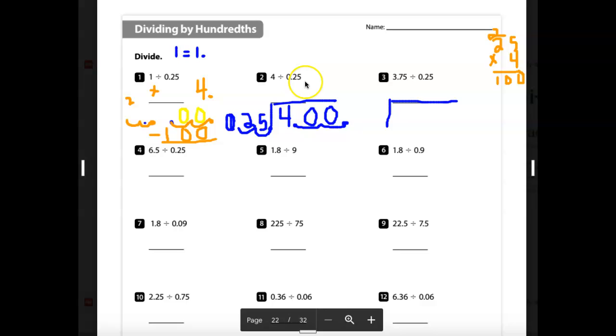We can get only one group of 25. If you were to draw 40 tally marks and circle 25 of them, that's one group. Then you still have 15 more, but you can't make another group until you put 10 more tally marks there. Okay? So now we're going to multiply 1 times 25 is 25.